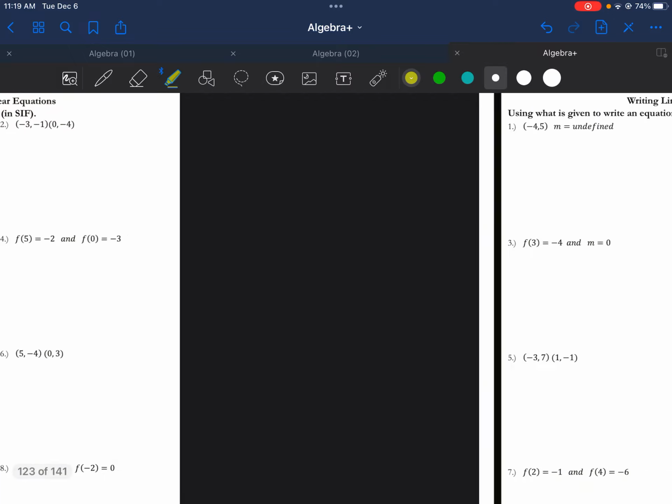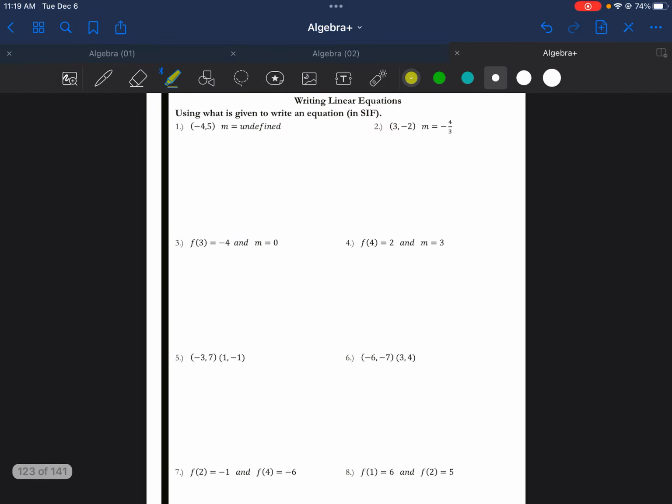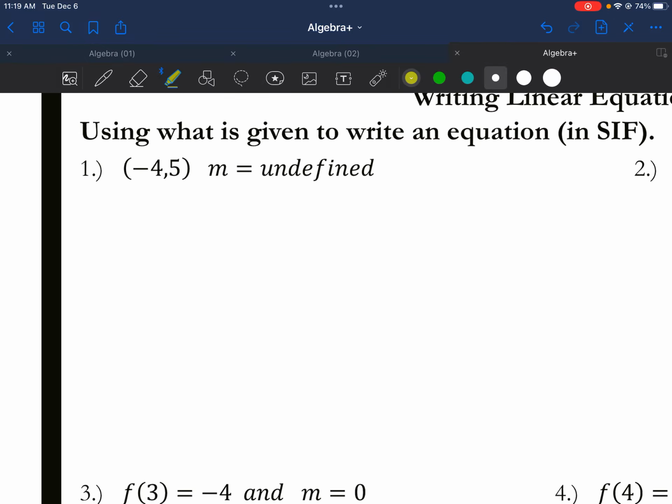I am going to show an example on page 36 for numbers 1 and 3, just because some people get confused what to do when they see something like this. So again, our goal is still to get into slope-intercept form, but it tells us, hey, the slope is undefined. What do we know about undefined slopes? We know that it is a vertical line, meaning it's going to be an x equals equation.